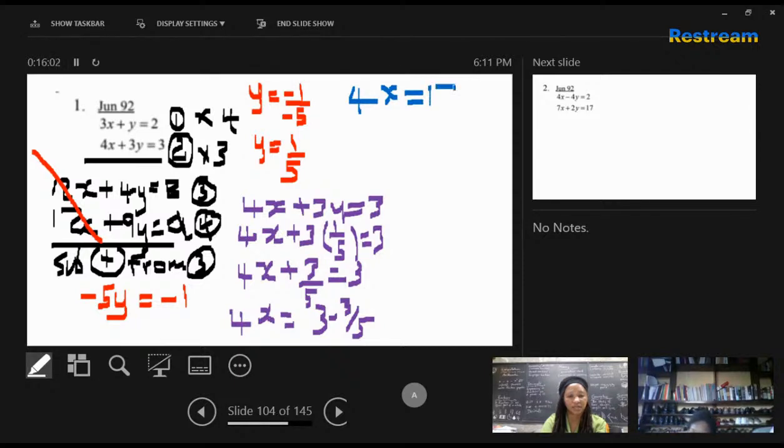So let's write it as 12 over 5. So if 4x is 12 over 5, then x is equal to 12 over 5 divided by 4.